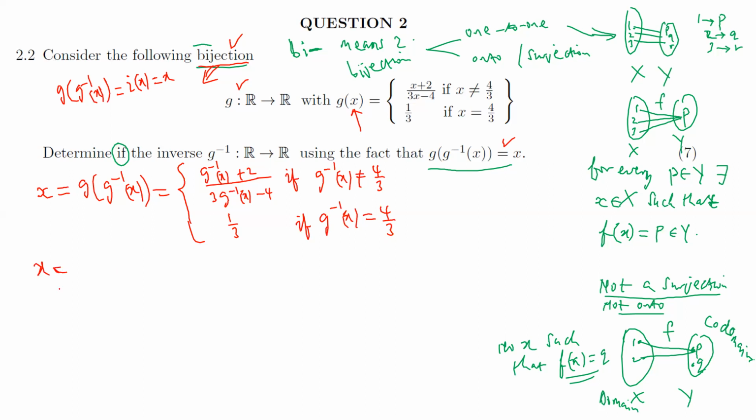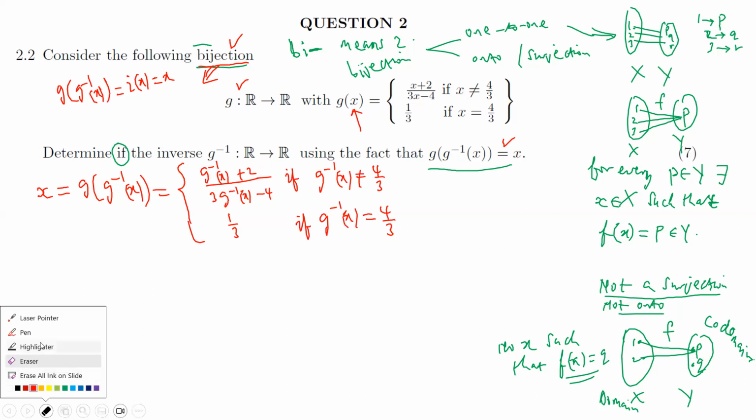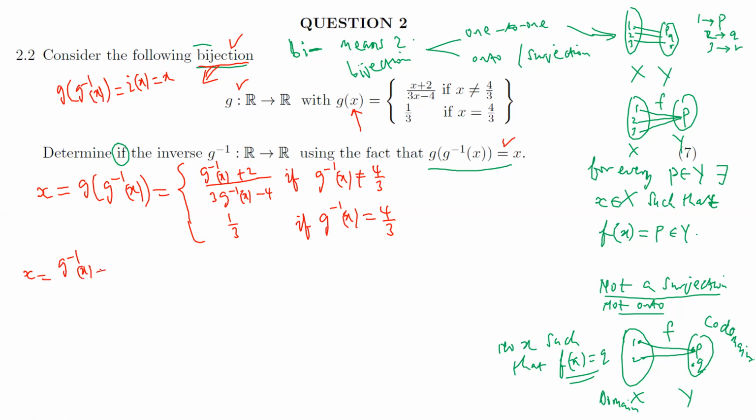It means X is equal to G inverse minus 4. The inverse of X is not 4/3. Okay, we just need to solve for G inverse here.